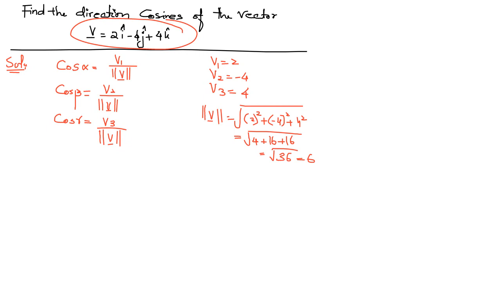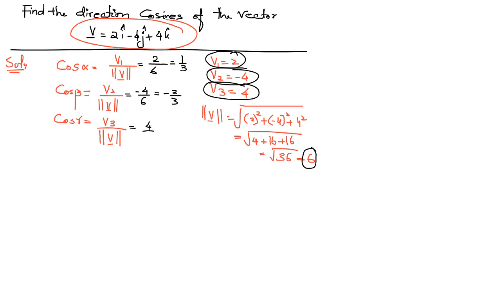Now I will substitute this value. Cosine of alpha is 2 divided by 6, which is 1 divided by 3. Similarly, cosine of beta is minus 4 divided by 6, which is minus 2 divided by 3. Cosine of gamma is 4 divided by 6, which is 2 divided by 3.